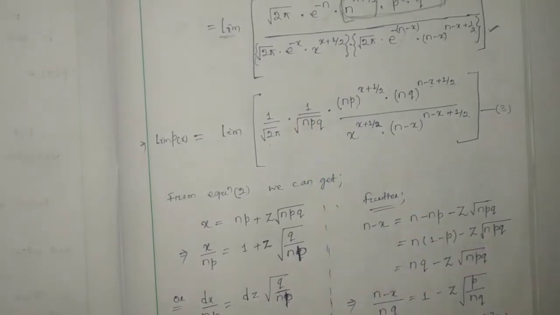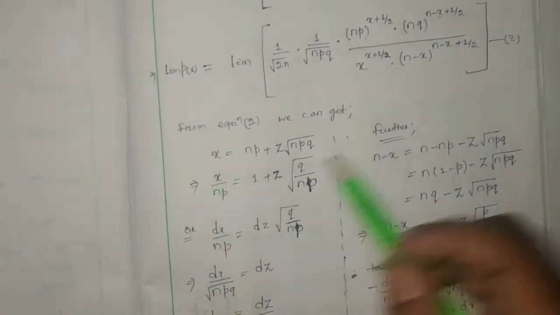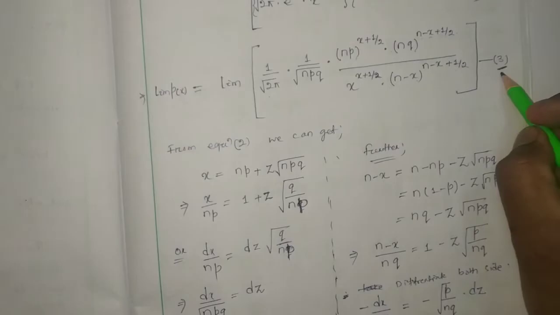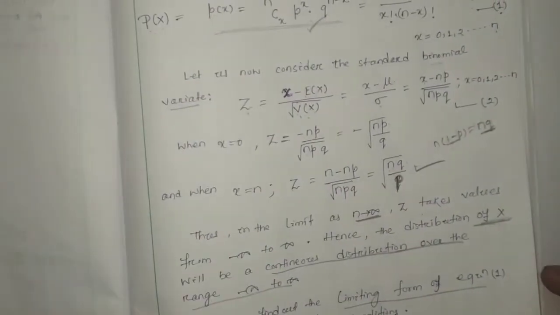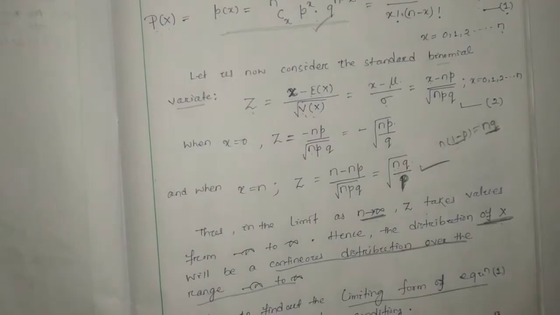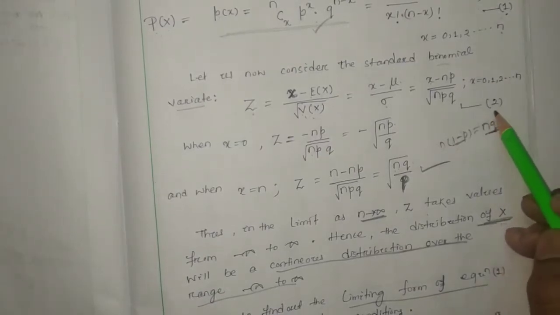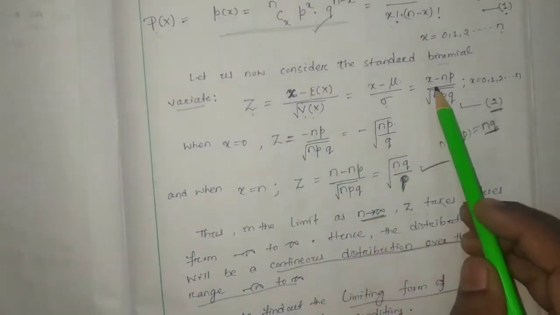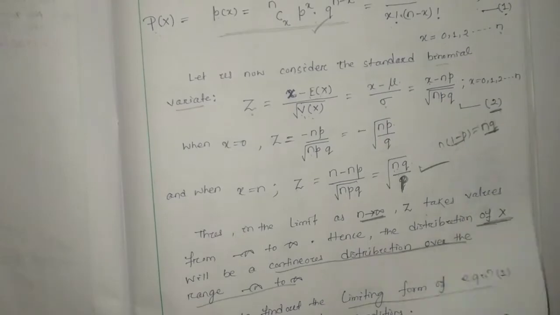Okay, now from equation number 2, so this is your equation. Let this be considered as equation number 3. Now consider equation number 2. Where is equation number 2? Yes, this is your equation number 2. Equation number 2 represents z equal to x minus np by root over of npq.